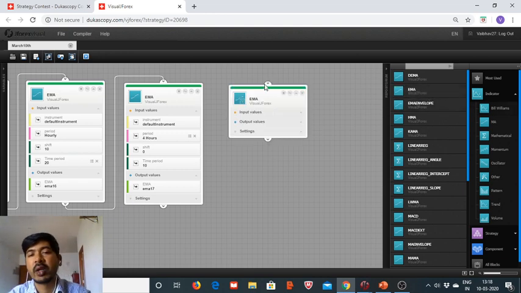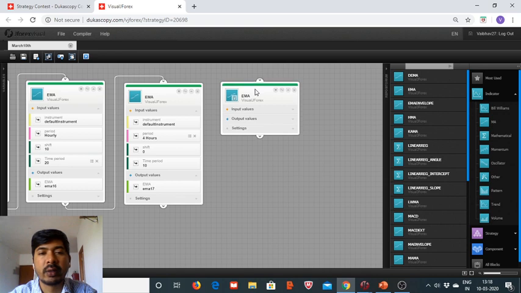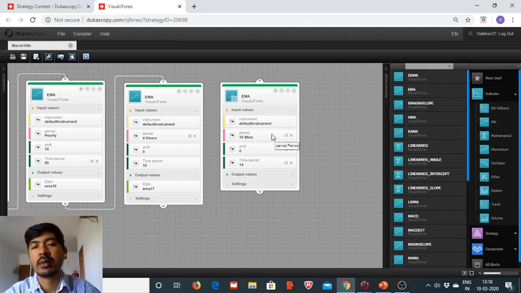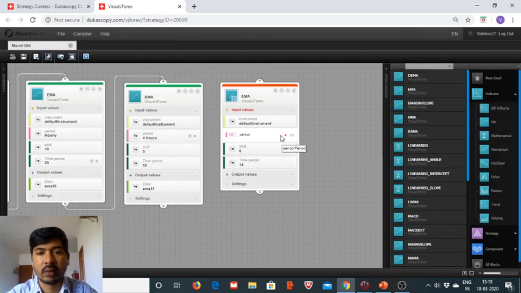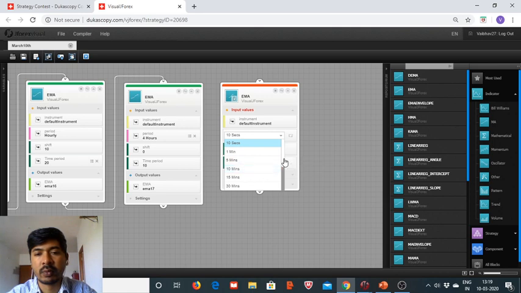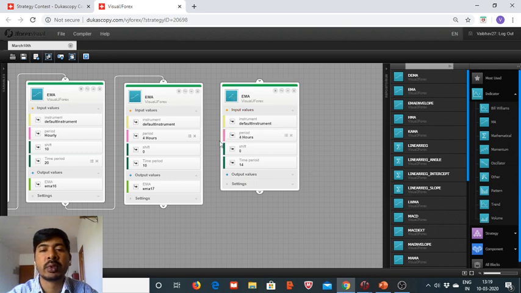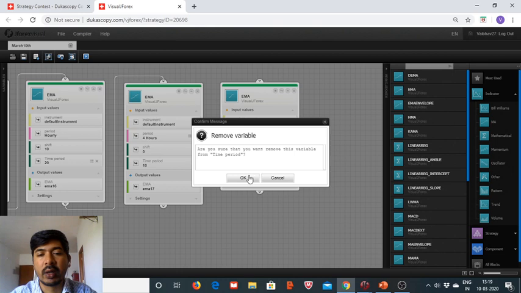And here the time frame should be 4 hours. Instrument is same. The period is going to be of 4 hours. Shift will remain 0 and the time period becomes 20 hours.